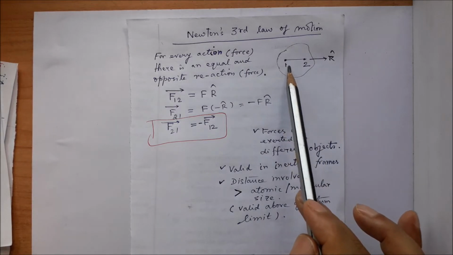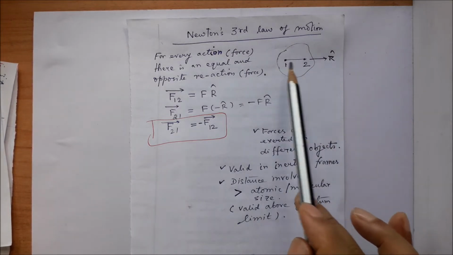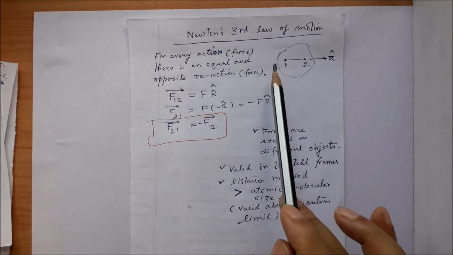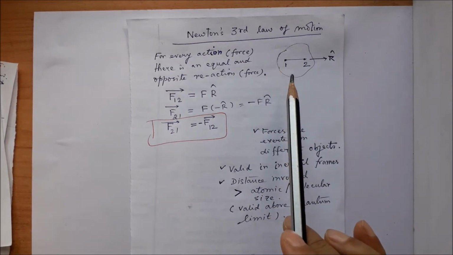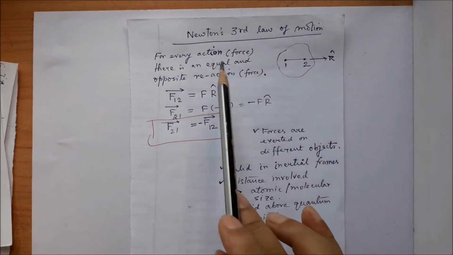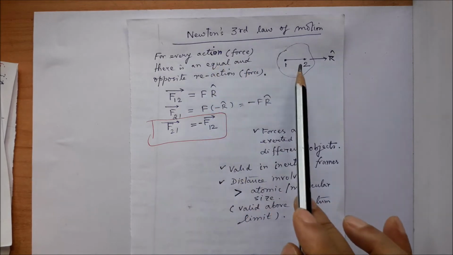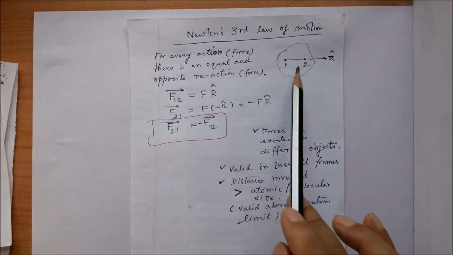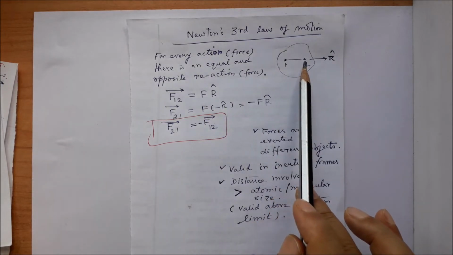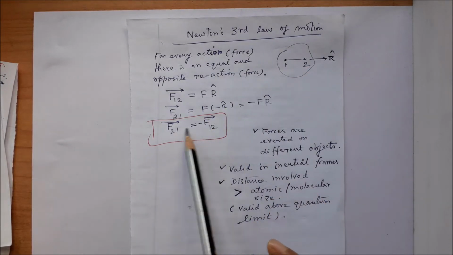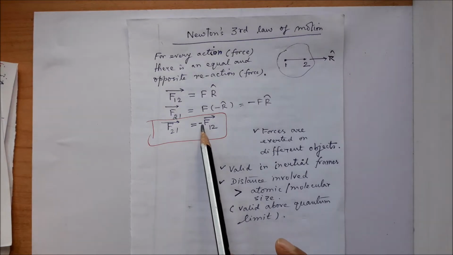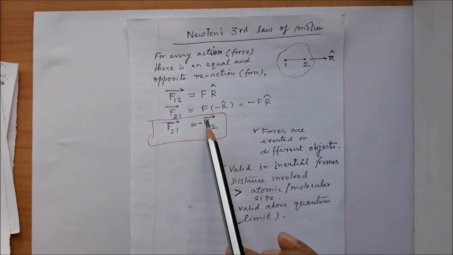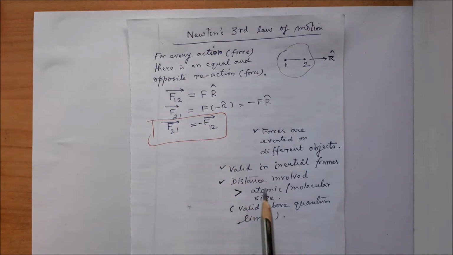If 1 and 2 are two particles and they are exchanging forces, then action, that is the force on 2 due to 1, and the reaction, that is force on 1 due to 2, will be equal and opposite. So this is the well-known Newton's third law of motion.